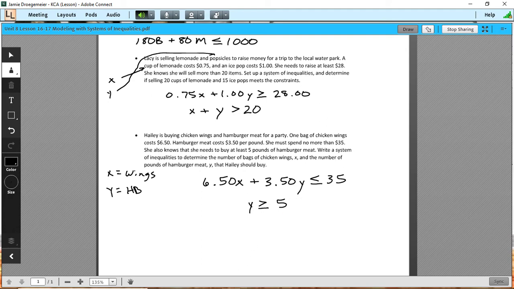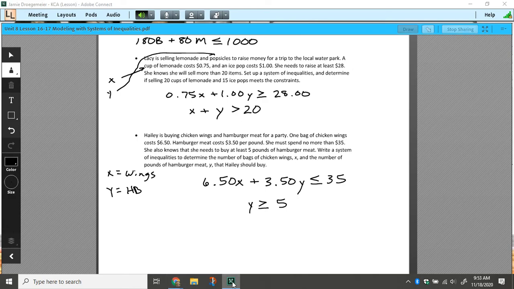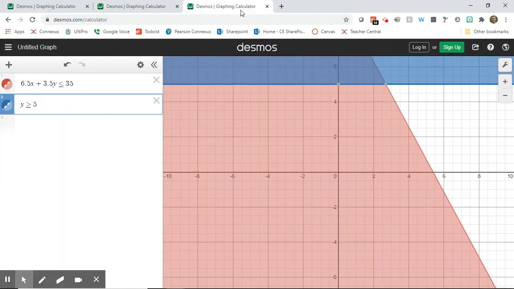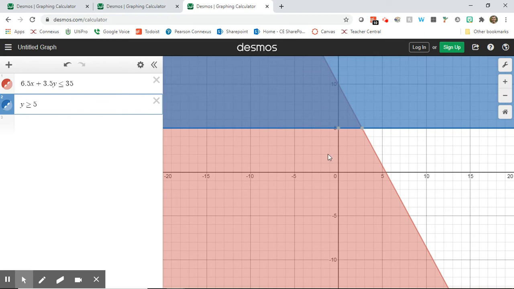To solve, I'm going to use my Desmos calculator one more time here. I have my two inequalities. The red shaded area is for our first one, and the hamburger meat more than 5 pounds is the blue shaded area. Anything in the purple is a possible solution. Thinking about constraints, we have to buy a whole number of bags of chicken wings.